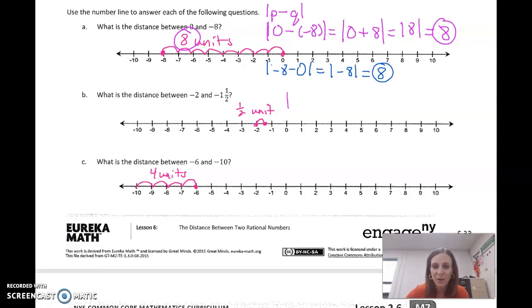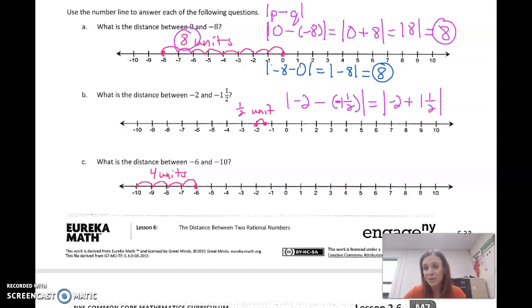So, picking another one, maybe I'm going to say -2 minus -1.5. Now be careful with these negatives here. We're always subtracting the second number. I don't care that it's a -1.5. I don't like all these minus negatives here, so I'm going to keep the -2, change the minus to a plus, and change -1.5 to a +1.5. Now we're going to add those together.